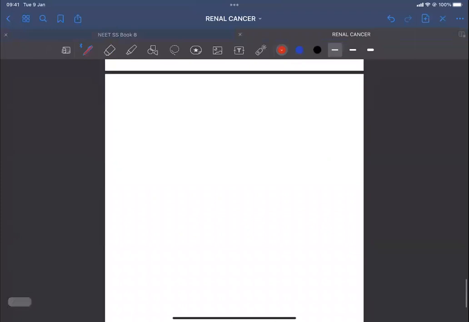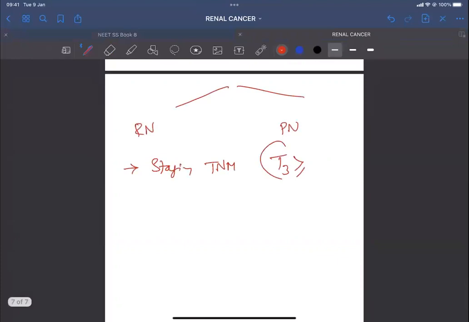How do we choose patients between radical nephrectomy and partial nephrectomy? So, one is the staging, TNM. Any T3 or above, yes, they will most likely all have radical nephrectomy.